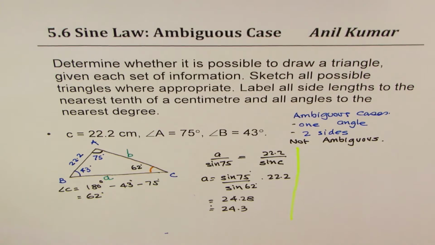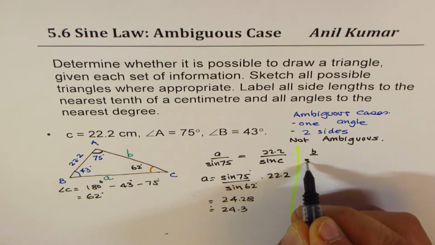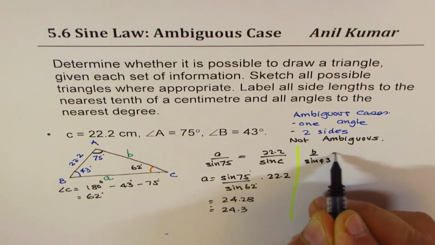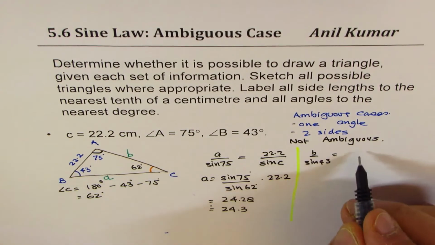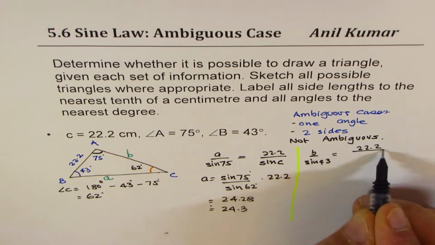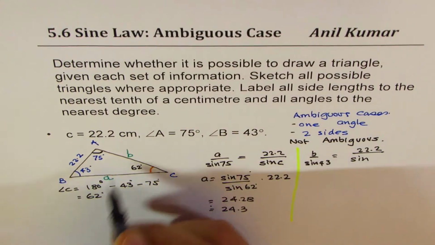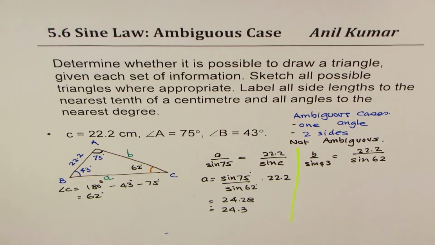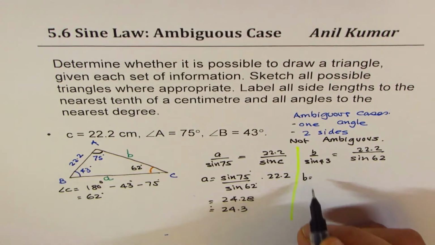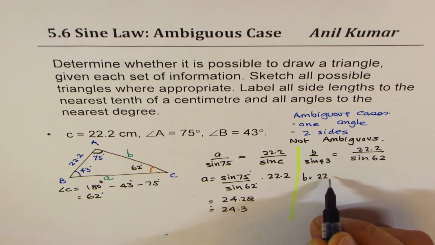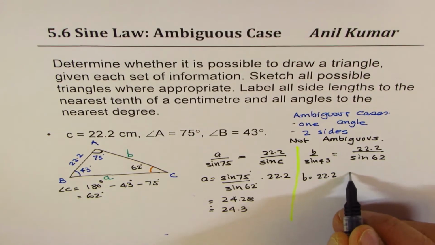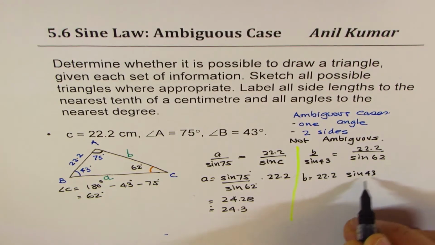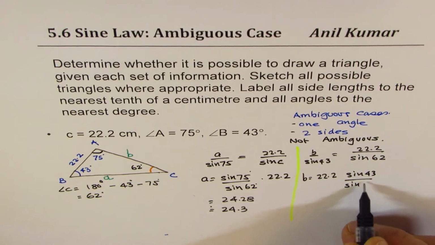Let us now find the other side, which is b for us. So we'll use the same formula, b over sine 43 equals, use the data which is given to you, since the other calculated information may lead to approximate answers. So we can now write b equals, I prefer to write 22.2 first, multiply by sine 43 and then divide by sine 62.